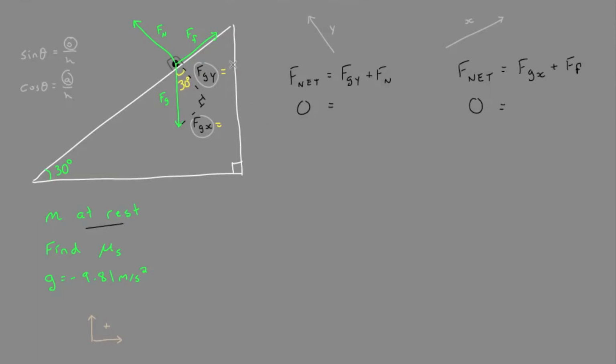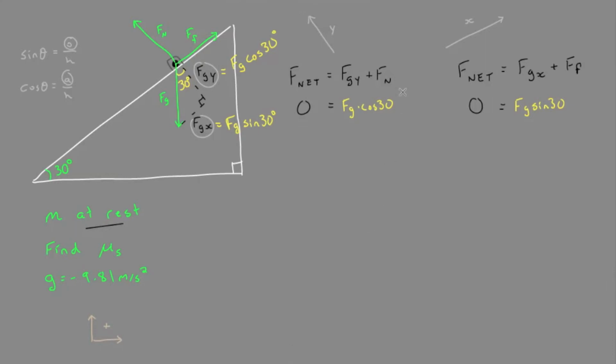So we have Fgy as the hypotenuse times the cos of theta, which is 30 degrees. And Fgx is opposite from the angle, so that's Fg times the sine of 30 degrees. So now we can substitute for that in our equation. So Fgy is Fg times the cos of 30, and Fgx is Fg times the sine of 30.